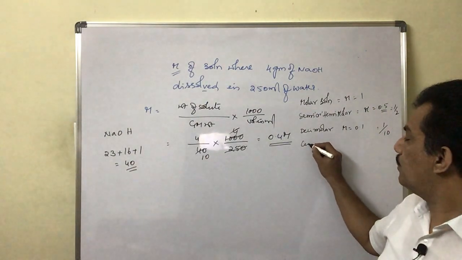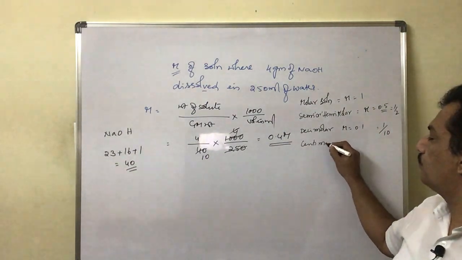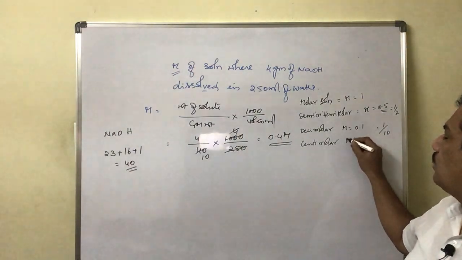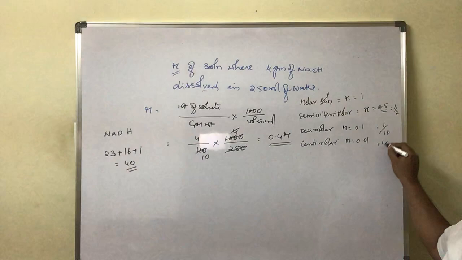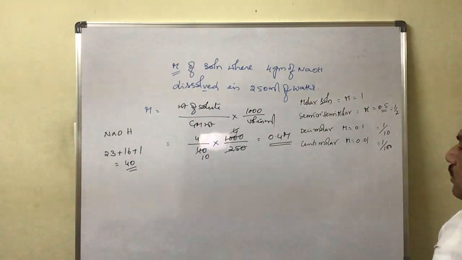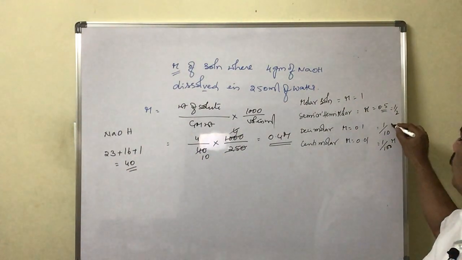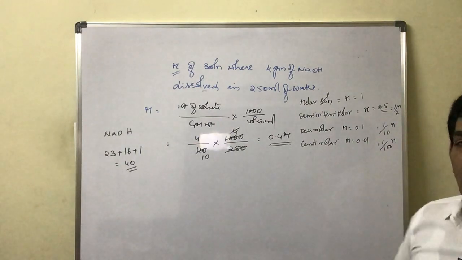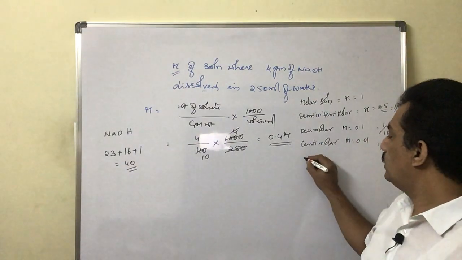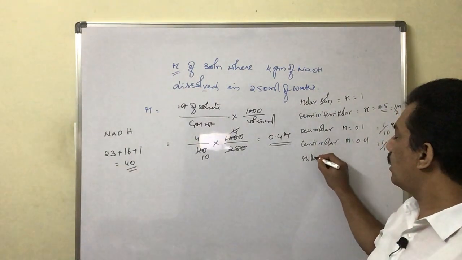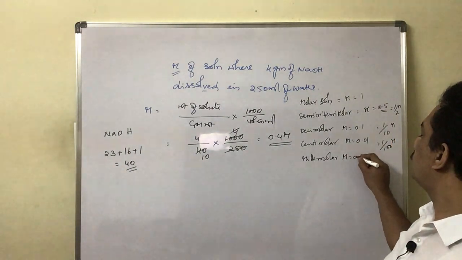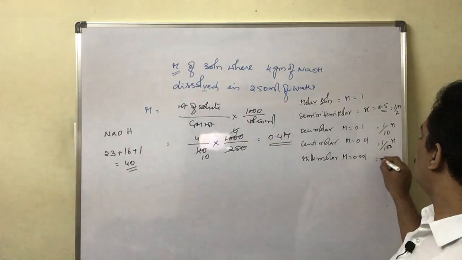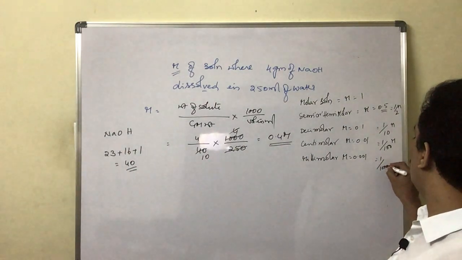And sometimes they may give centimolar. Centimolar means molarity is 0.01, that is 1 by 100 molar. So 1 by 100 molar, 1 by 10 molar, 1 by 2 molar. And now millimolar solution means molarity is 0.001, that is nothing but 1 by 1000 molar.